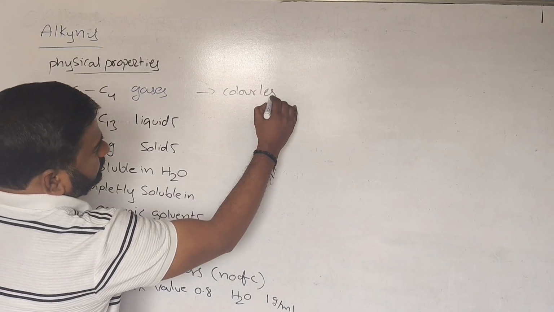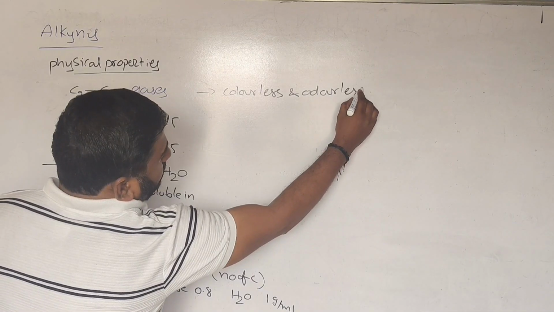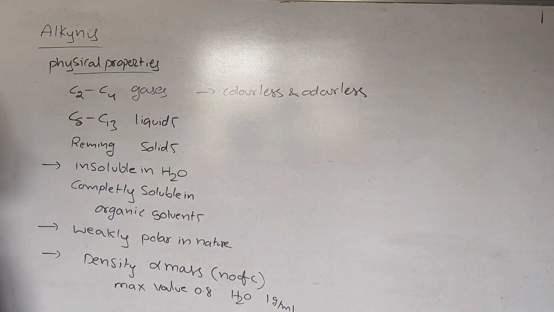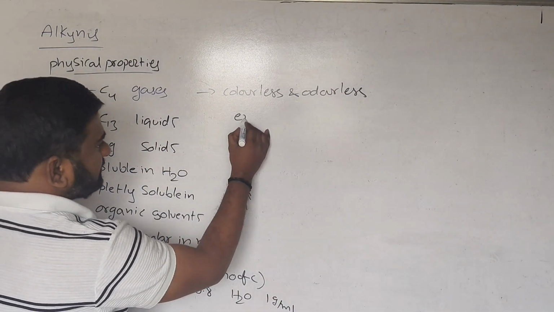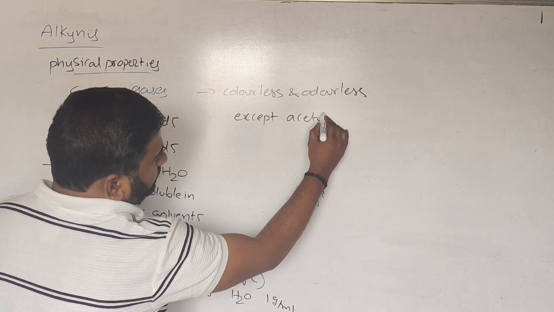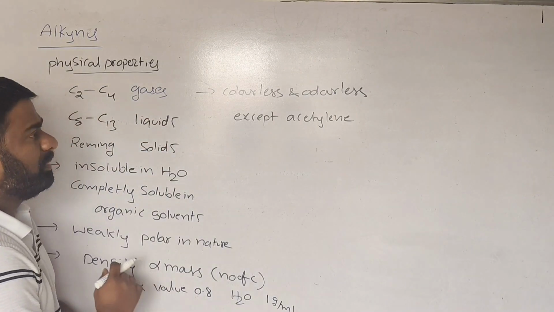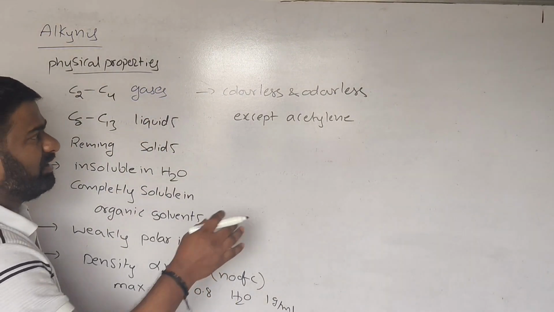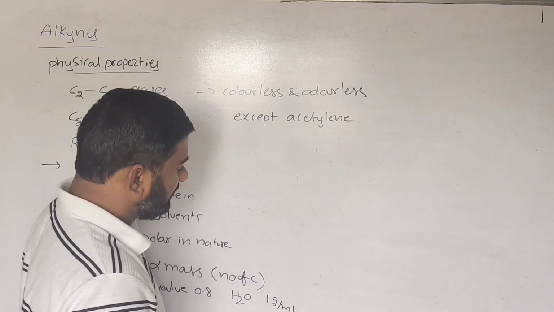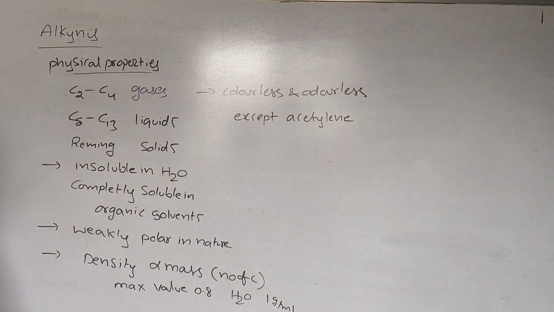Alkynes are colorless and odorless compounds, except acetylene, which gives a vinegar smell. These are the physical properties of the alkynes.